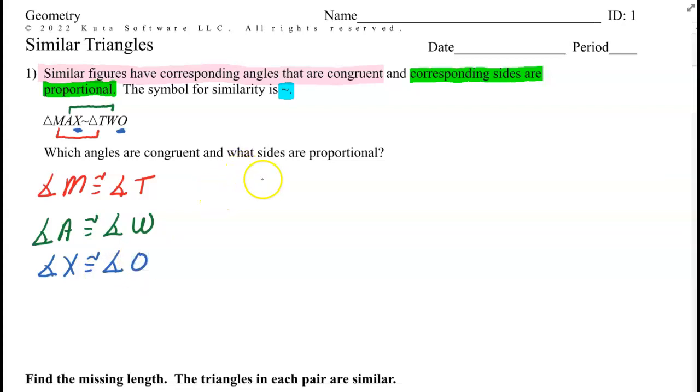Now what changes is the sides are proportional. So in similarity, this is a definition.